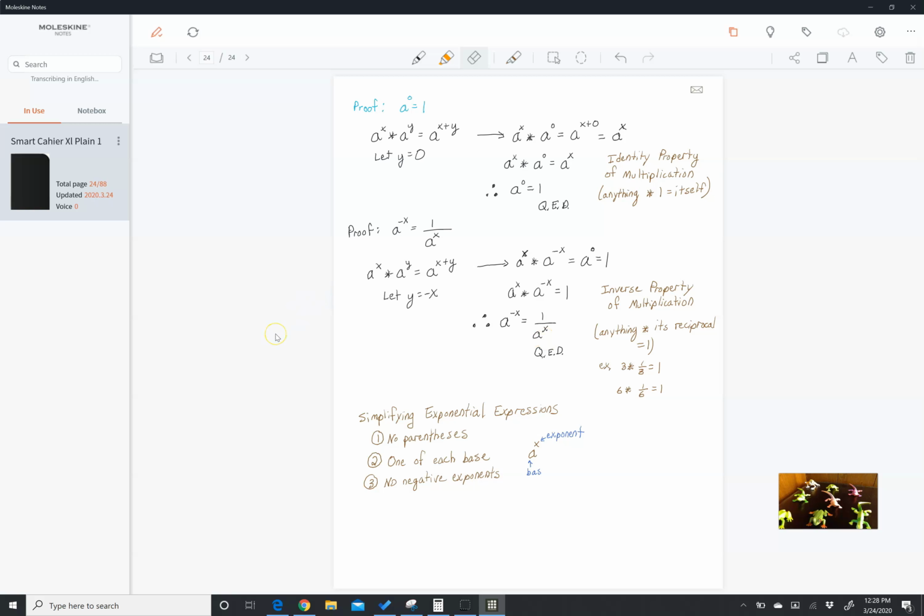Okay, so let's just do a bunch of examples and we'll see how it works. We're going to start off relatively simple. I'm going to start off on the next page, but feel free to keep referring back to this page here for those three rules.